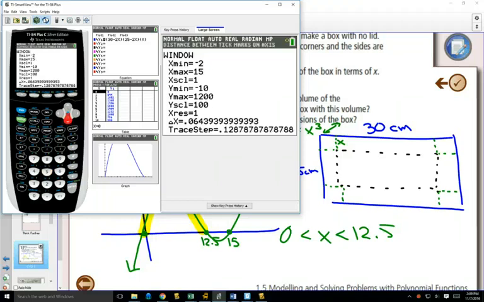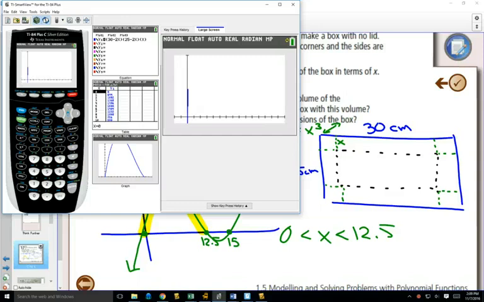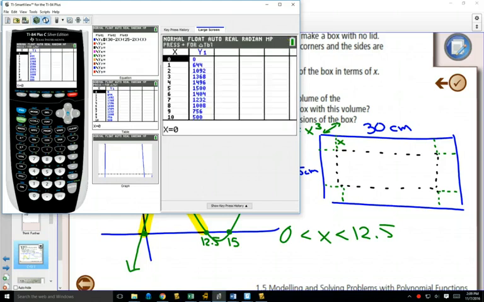Same thing for my y-min. Now to figure out how high I need to go on my y-max, before I could just guess. So let's say I want to go up to 100, and you could graph and find out. Obviously that wasn't enough. Should come back down. There it is, going through 12.5. We can go second graph to our table and get a sense of how high these numbers are going.